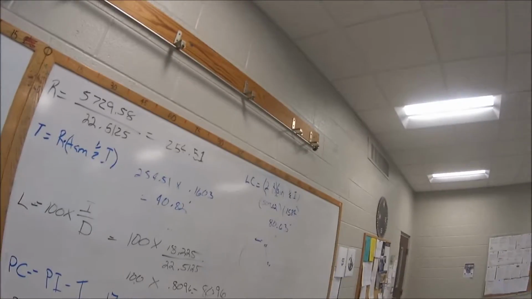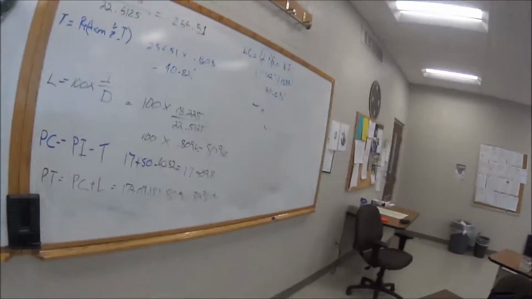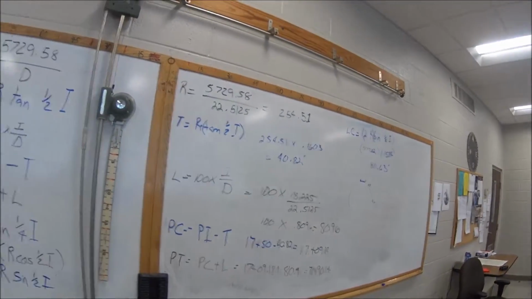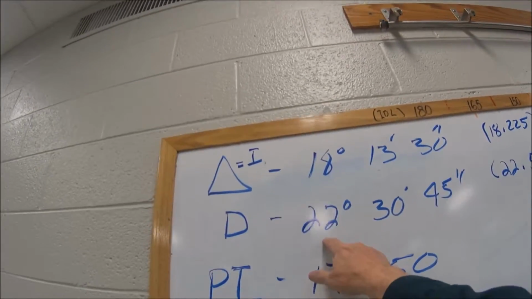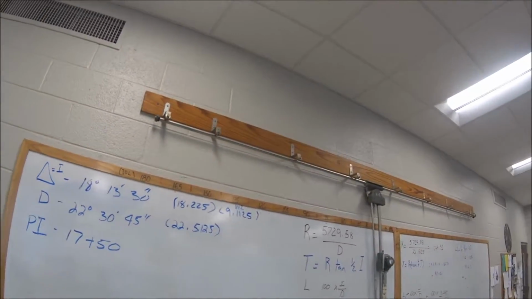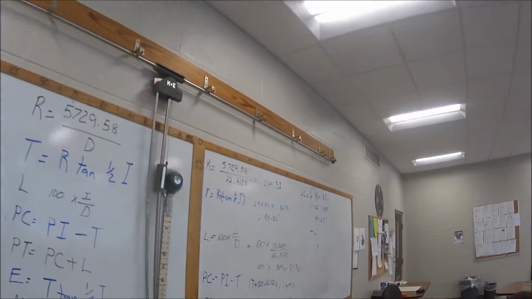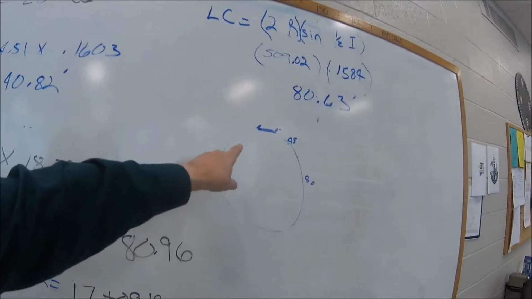And the way to kind of know that this is right, when you start getting your mind wrapped around what you're doing, remember, this degree is 22 and a half degrees of a circle is 100 foot of curve. So if you look at this circle right here, make a little illustration.